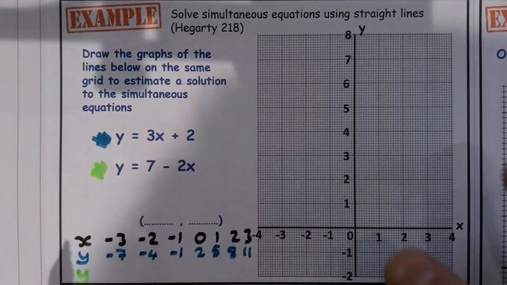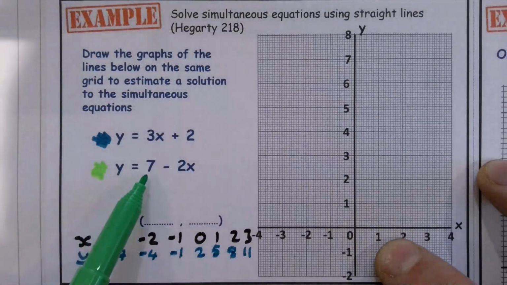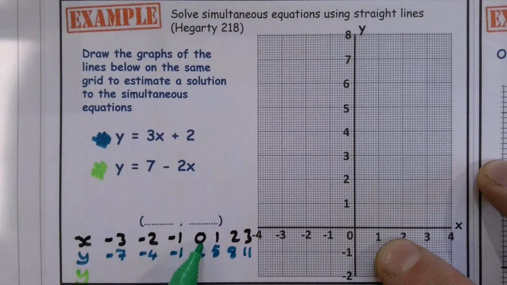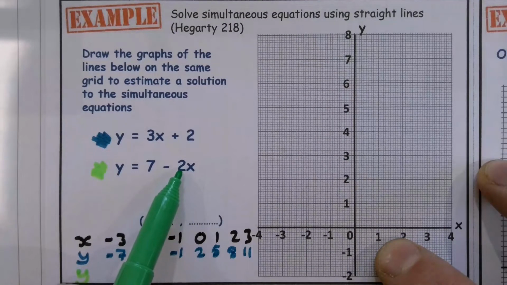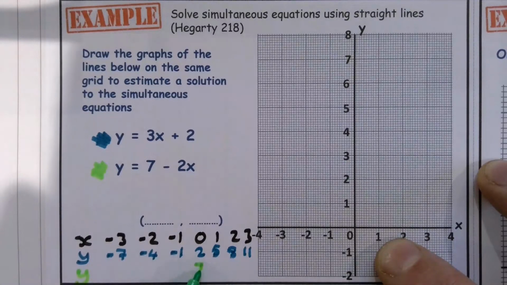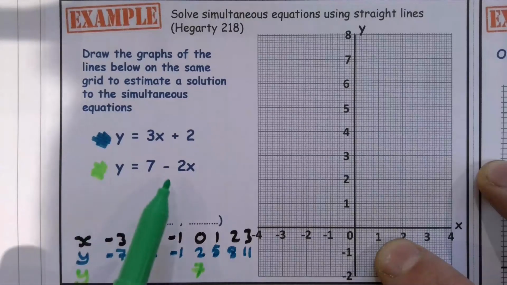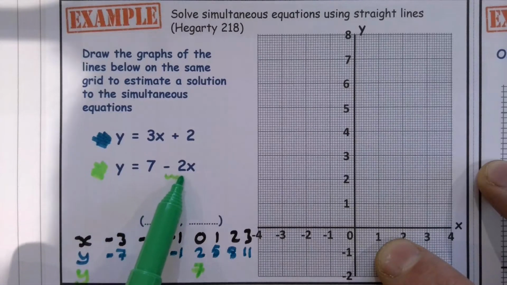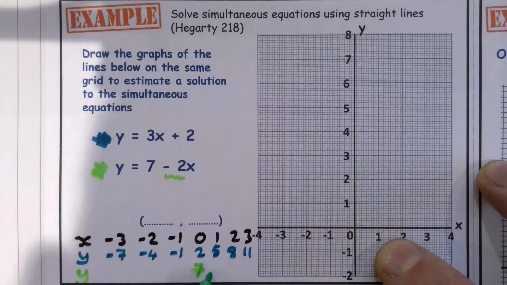And we think about the other equation, so 7 minus 2x, if we substitute 0 into that, 2 times 0 is 0, so 7 take away 0 is still 7. It's going to give us 7. Okay, and that's going to be the minus 2 times table, as in we're going down.